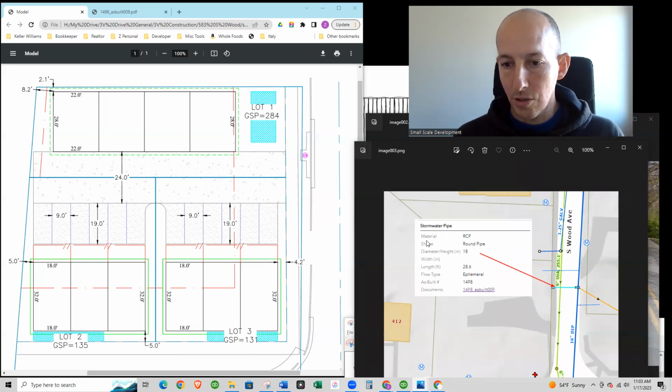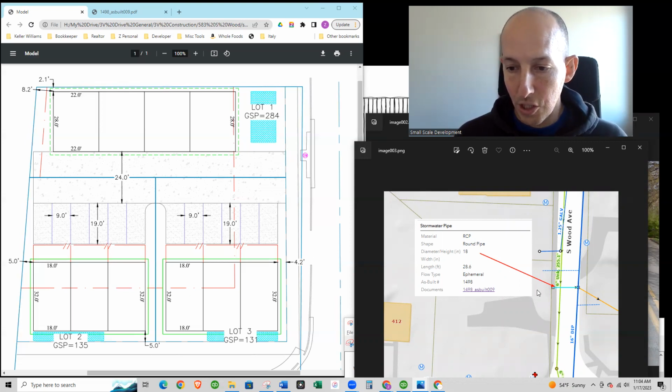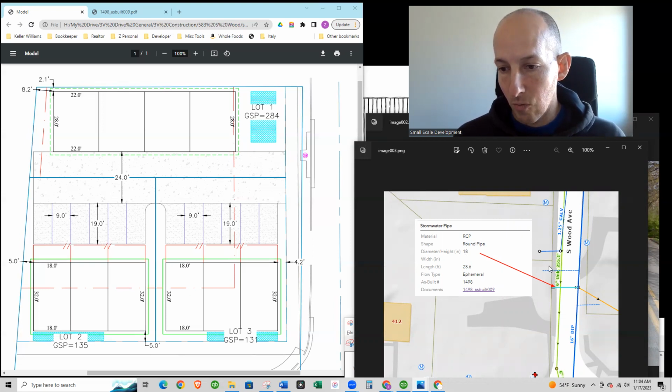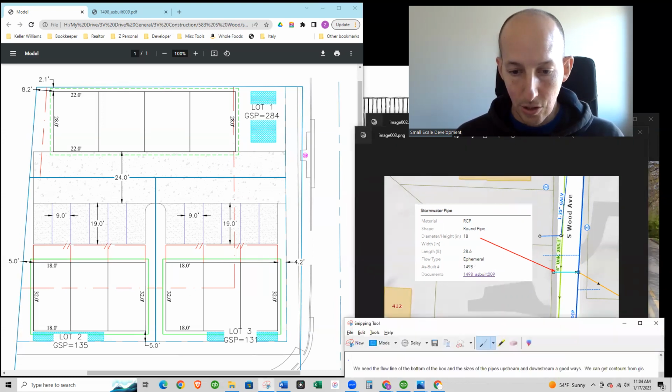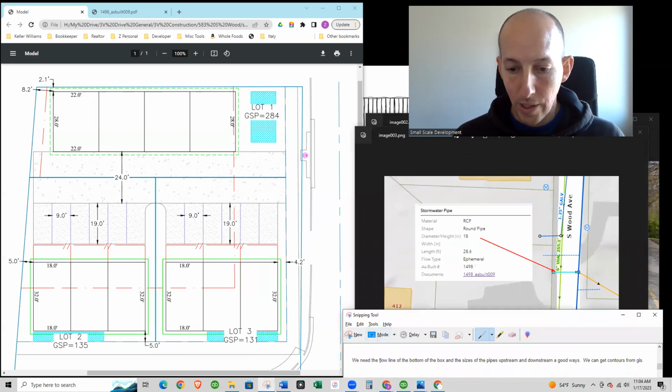I'll show you another image here. So this is looking at the GIS. I went back to the surveying and engineering company to say, hey, this is what the city said. What do we need to figure out to know whether we can do this or not? So they looked up the GIS map, and there's some as-built of what this looked like when it was built, and the engineers told me that we need the flow line of the bottom of the box.